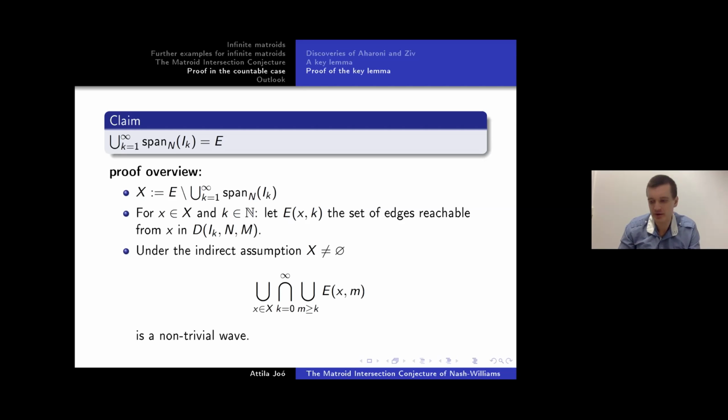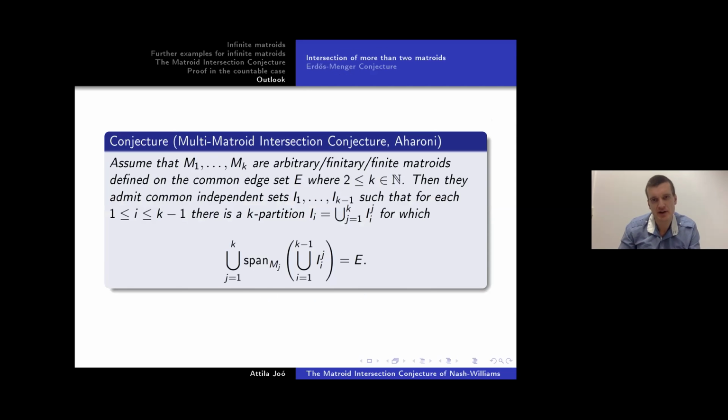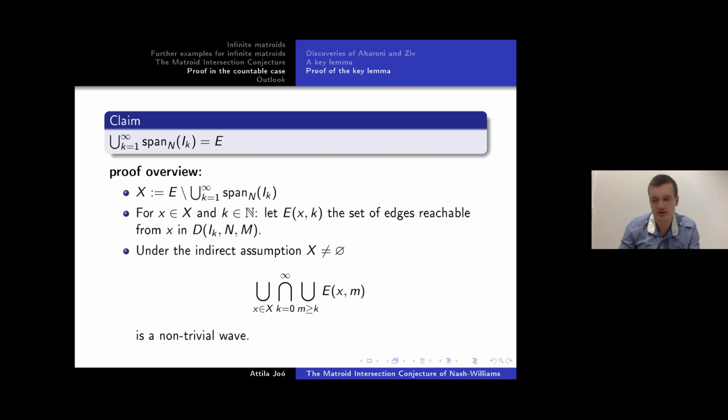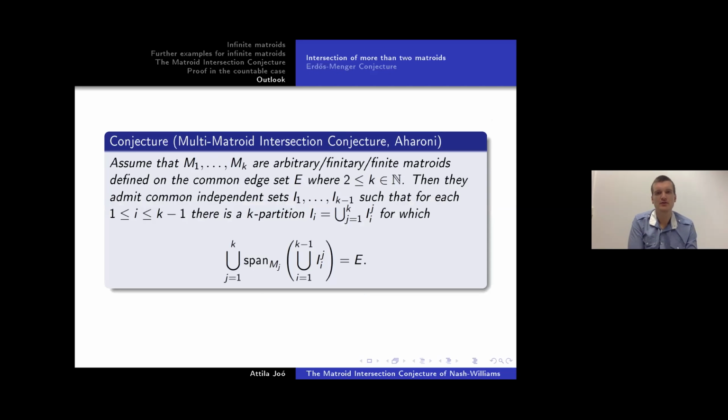Okay, and then I continue with some applications and conjectures. The first conjecture is due to Aharoni, and I think it's not published yet. It's about the intersection of more than two matroids, and it makes sense for finite but also for infinite matroids.